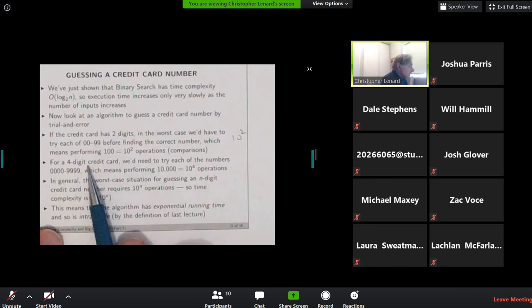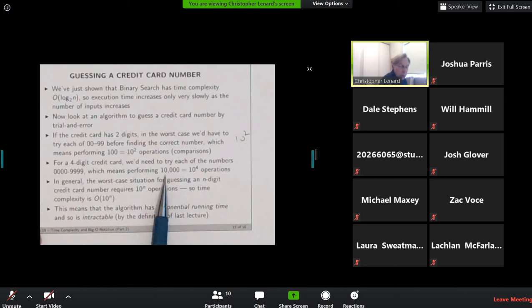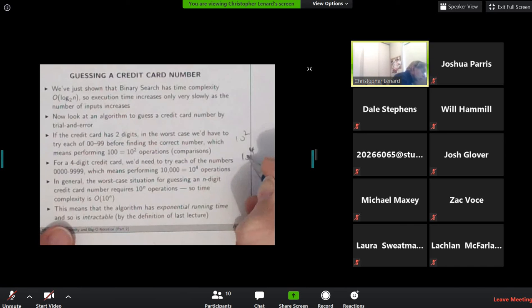If your PIN number was 4 digits, what are the possibilities? Anything from 0000 up to 9999, which if you had to try every one in turn, the worst thing that would happen is 10 to the 4 operations, or 10 to the 4 guesses before you found the right one.